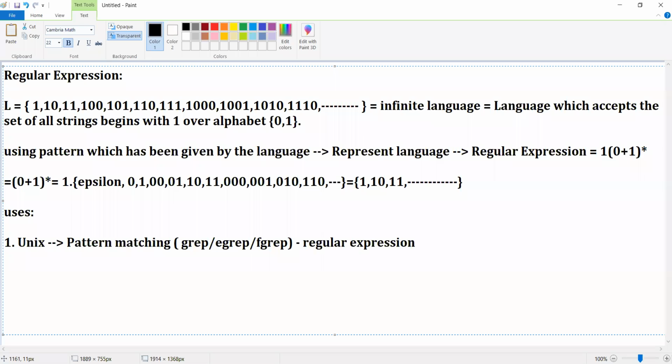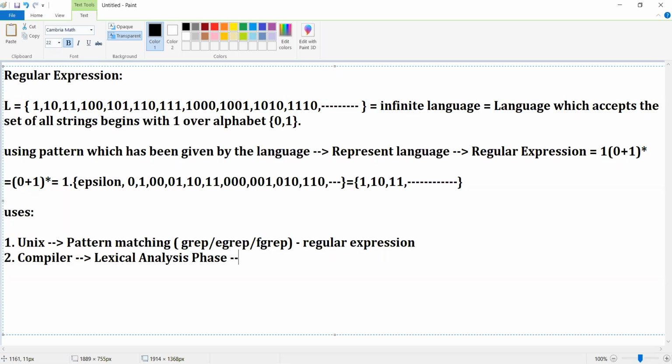Okay, now this is one area where you can make use of regular expressions, most popularly used. And the second one is in the designing of the compiler, there is a phase called lexical analysis phase.